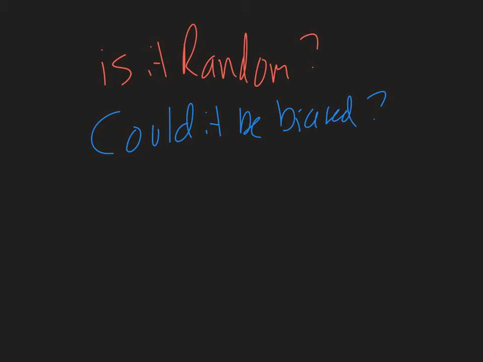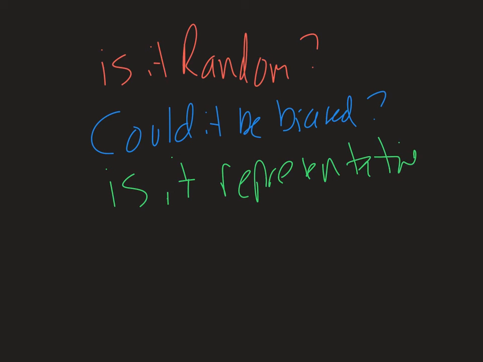So bias would be, is it a whole picture, or am I just looking at a tiny piece? And then the last question, is it representative? And usually, if you deal with the first two questions and the answer is yes to being random and no to being biased, usually the representativeness will kind of handle itself.